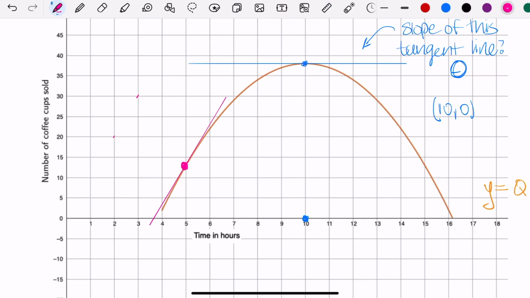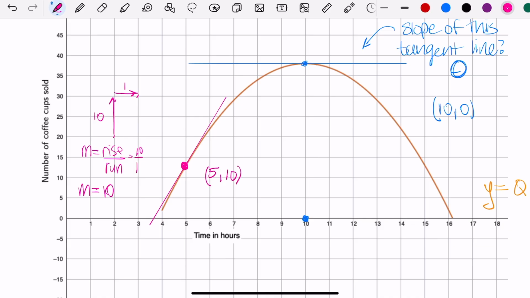Let me hide the ruler. I know the rise of my line is up these two boxes and over to the right. But remember, the rise here is actually 10 units up and 1 unit run. So the slope is m equals rise over run equals 10 over 1. So m is just 10 here. That tells me that at x equals 5, the derivative function of q will have a slope of 10.